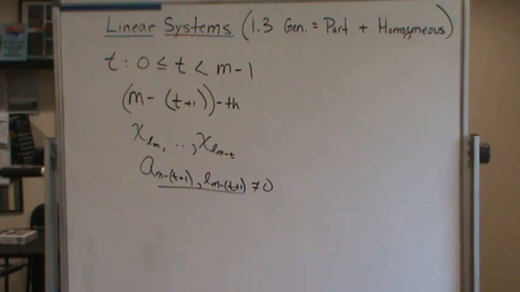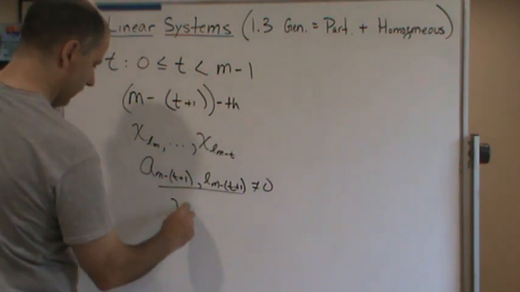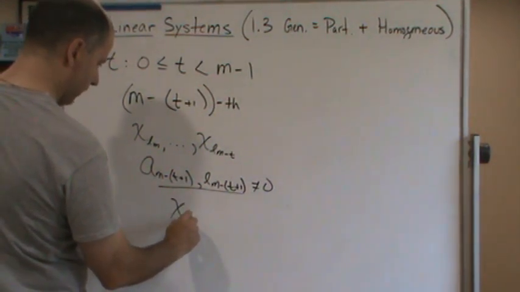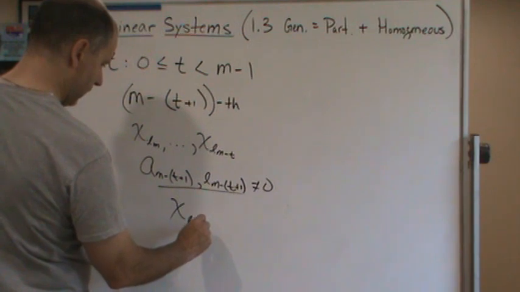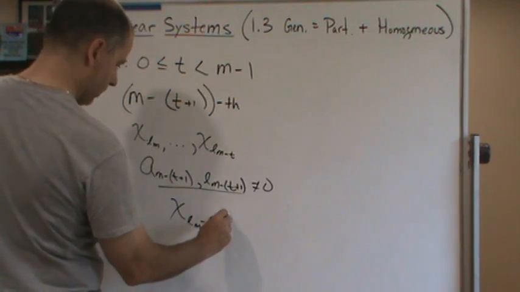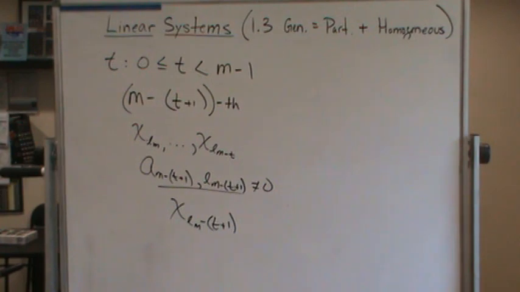We end with this equation's leading variable, which is going to be the x sub L sub m minus the quantity t plus 1, in terms of the free variables, which is what we set out to do. And so that's the idea behind the inductive step, right?